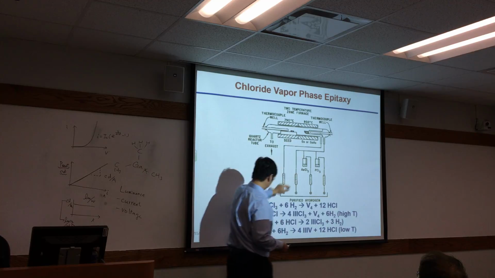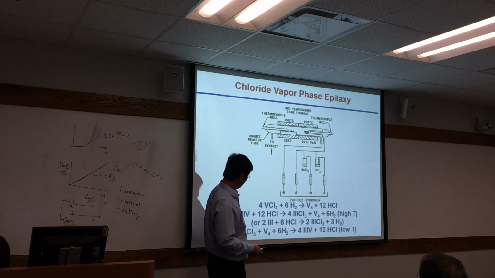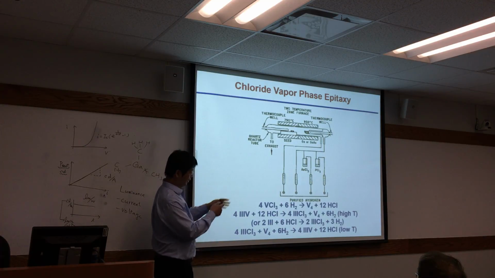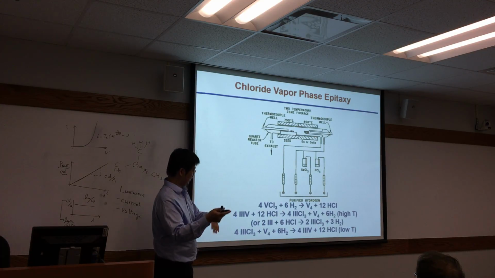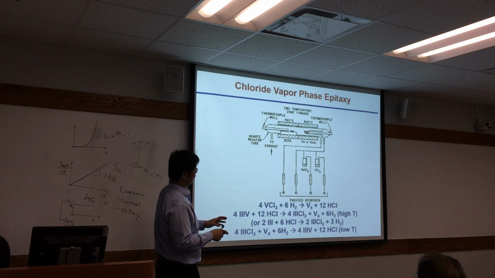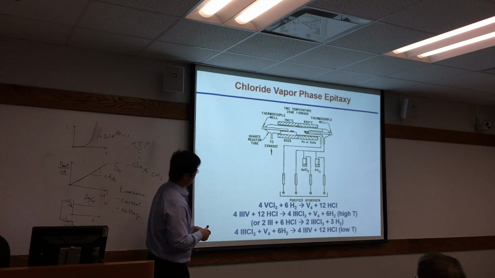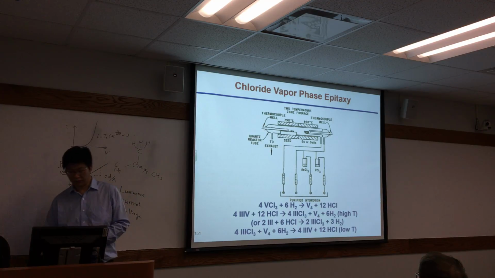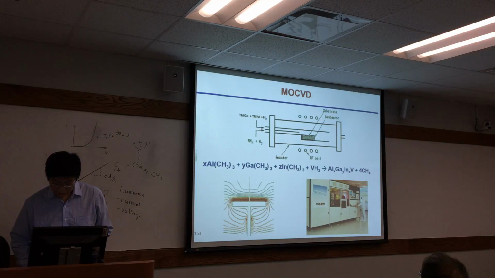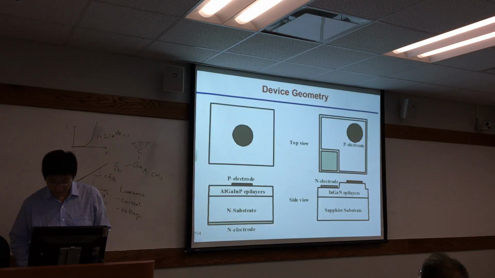Okay, your substrate here, and they obtain the material here. So actually, that's a reversible reaction. So you have to be very careful about the temperature. And that's not easy for obtaining a very thin and very precise layer. Okay, so that's the epitaxial growth.